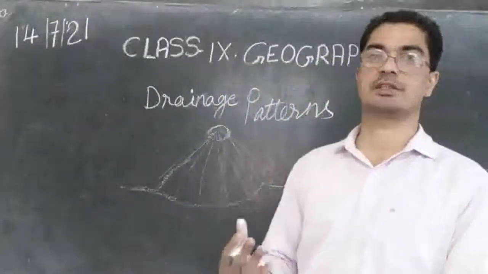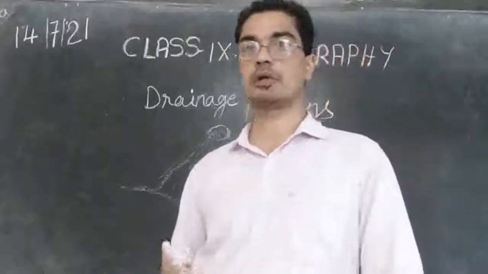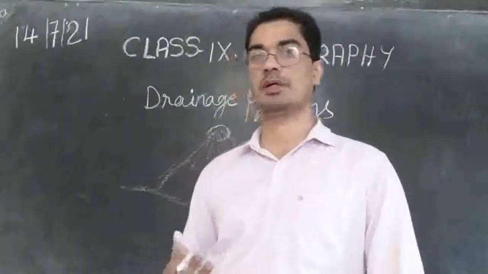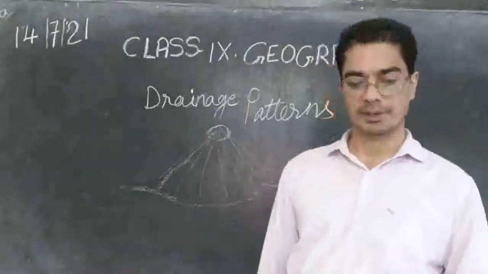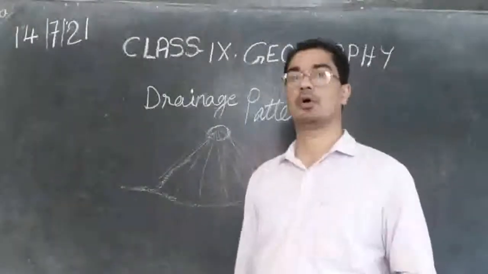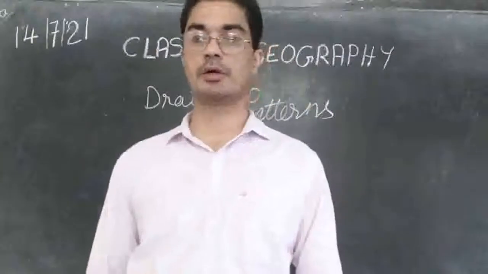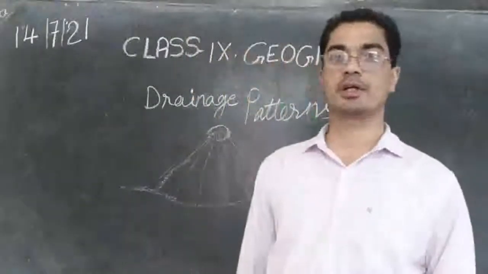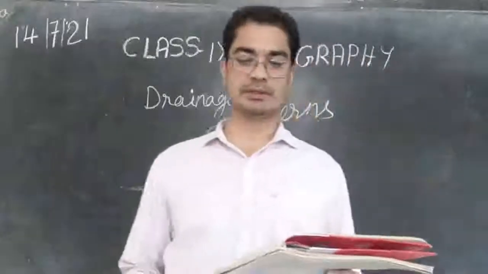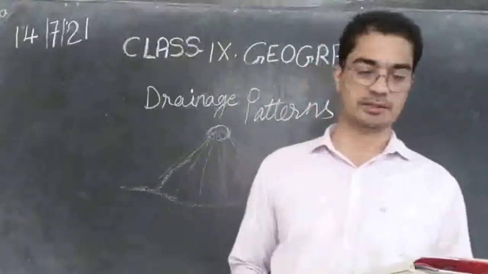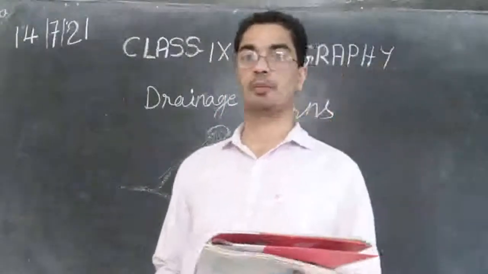Only during rainy season, these rivers will be strong, carrying a lot of water. But other times, it is not so. Then let us go in detail about these rivers. The Himalayan rivers. The major Himalayan rivers are the Indus, the Ganga and the Brahmaputra.